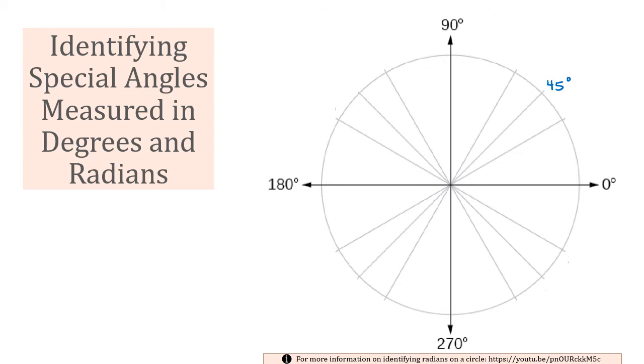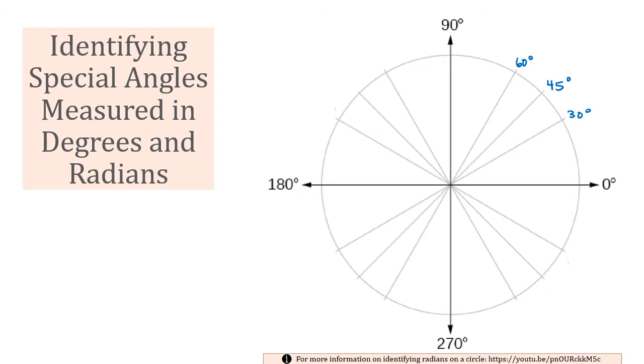If I go 1/3 of 90 degrees, that gets me 30 degrees. And if I go 2/3 of 90 degrees, that gets me 60 degrees. So let's see if we agree with this.